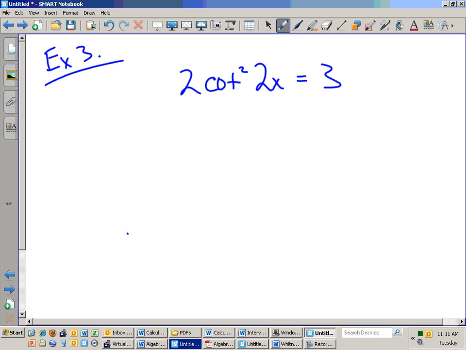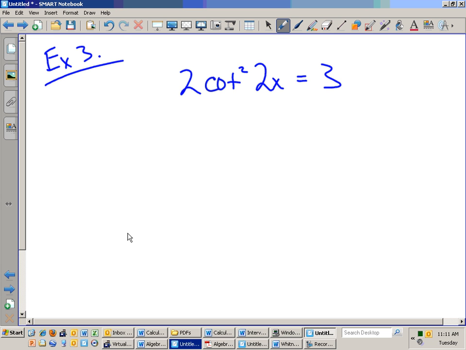Okay, example 3. 2 cotangent squared 2x equals 3. We got 2 more examples, and you guys can get started. Short assignment, 6 problems. Two cotangent squared of 2x is equal to 3. What do you want to do first?